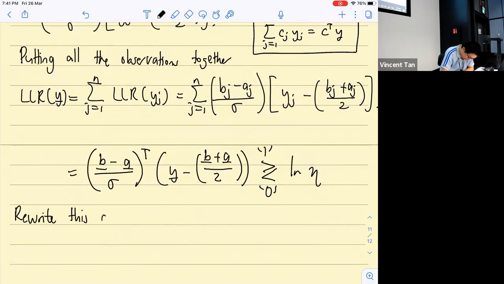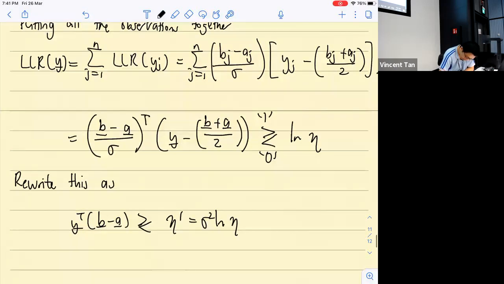Rewrite this as Y transpose times B minus A, compared to eta prime, which is nothing but sigma squared log eta plus half of B transpose B minus A transpose A. Why is this so? This is a matter of bookkeeping.